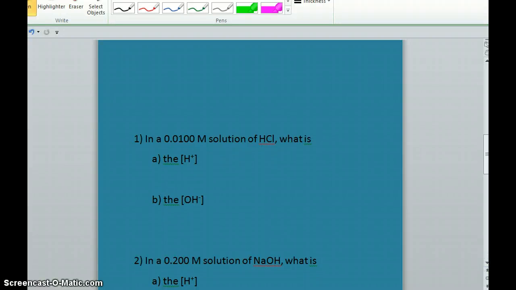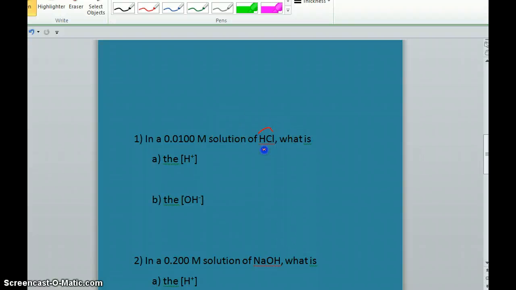Now, more importantly, a very important thing happens if you're not talking pure water. Let's say instead we add some hydrochloric acid to our pure water. Then things change completely, because if we're asked in a 0.0100 molar solution of hydrochloric acid, what is the proton concentration?